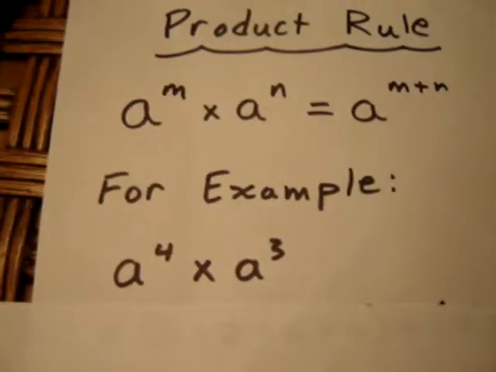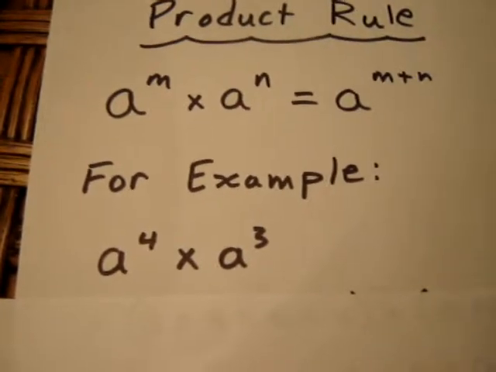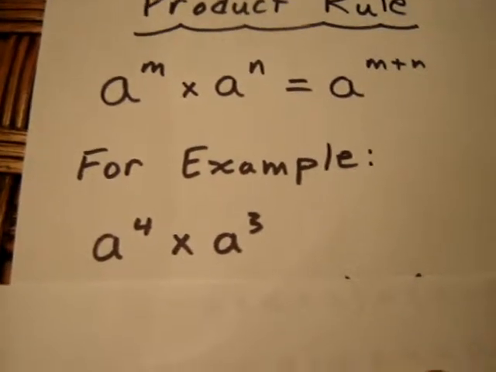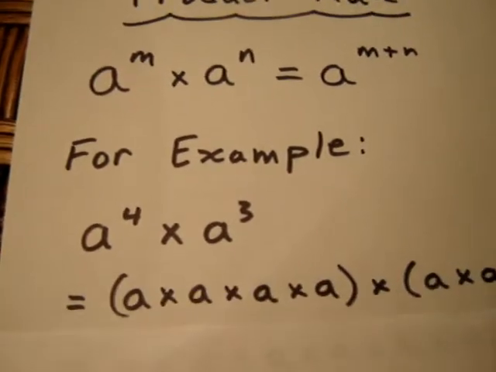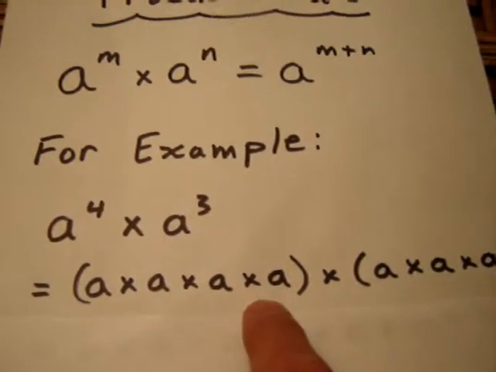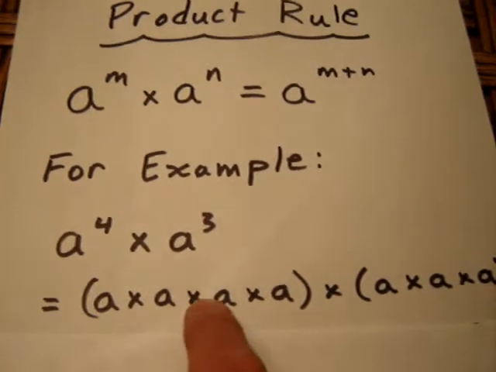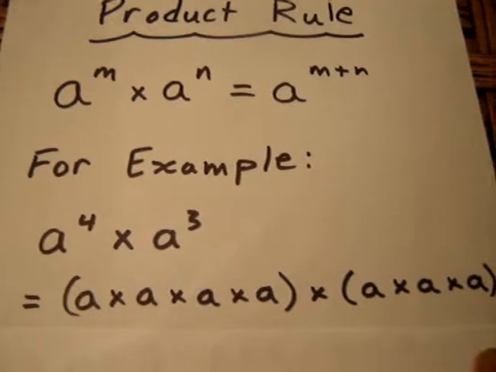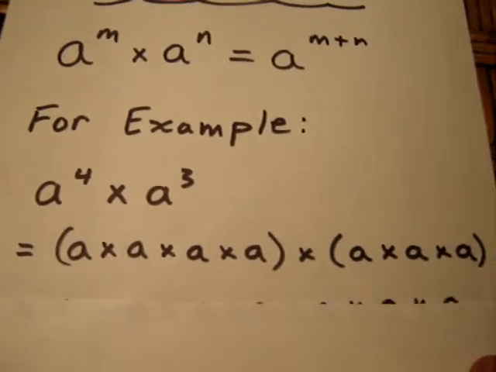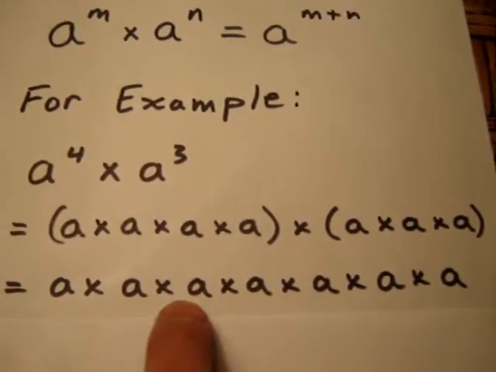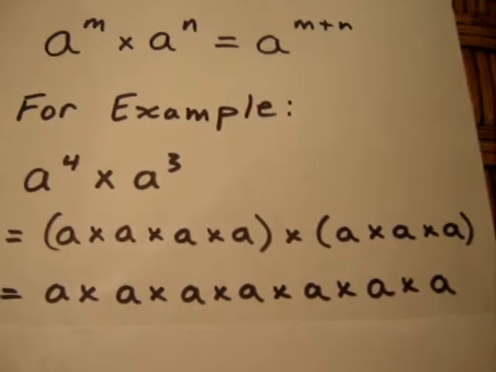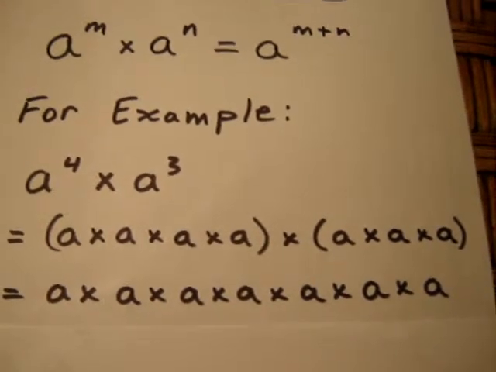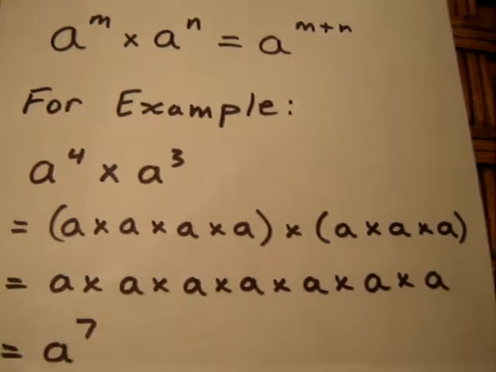Put in a real-world situation, and to show you that it works, let's suppose we wanted to figure out a to the 4 times a to the 3. Well, we know what a to the 4 is. It's just a times a times a times a. And we know that a to the 3 is a times a times a. If we multiply those two powers, we'll get 7 a's lined up. A times a times a times a times a times a times a, which is simply a to the 7.